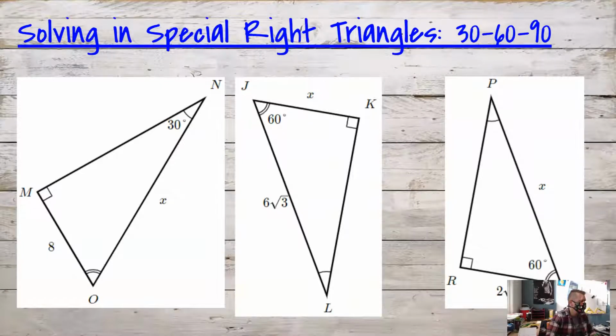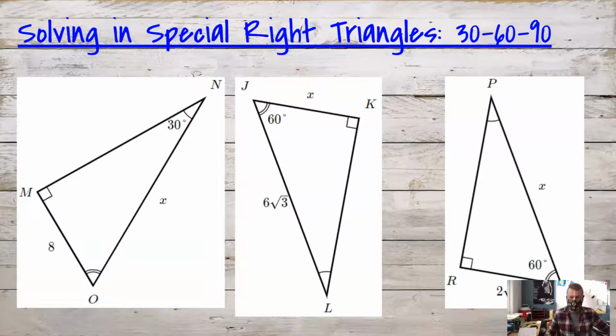How do we determine if we have the short leg or the long leg given to us? Look at the angle across from the leg, right? So in MNO there, is 8 short or long? 8's our short leg, right?